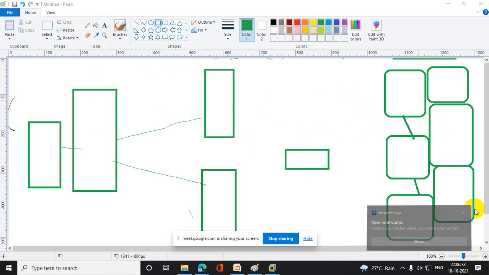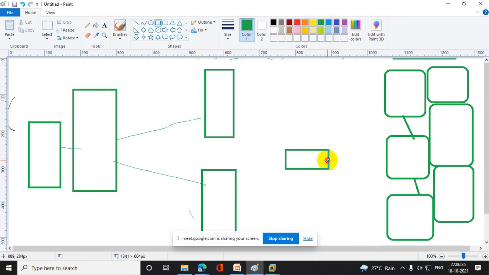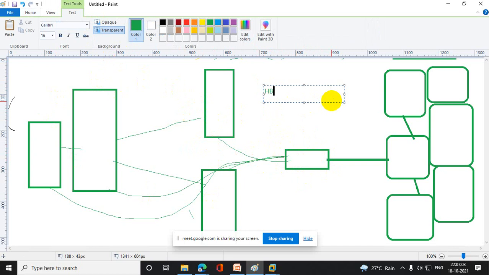As these storages are interconnected with each other, this storage is connected to the SAN switch, and all these physical machines are connected to the SAN switch through HBA. HBA means host bus adapter.